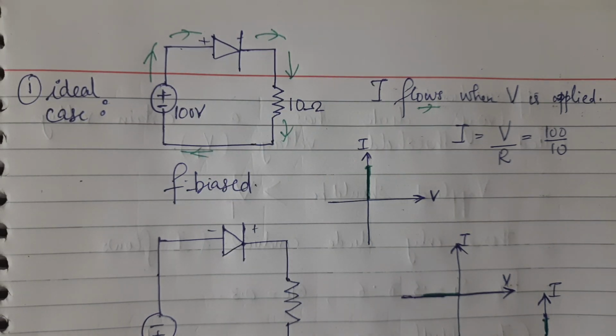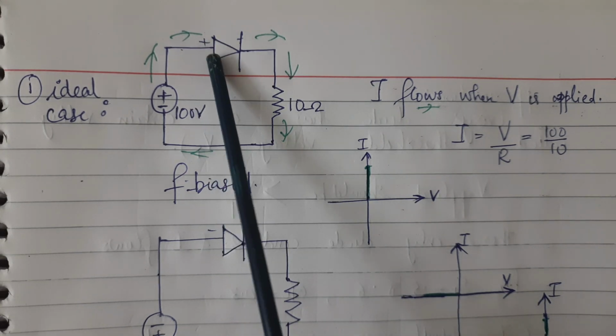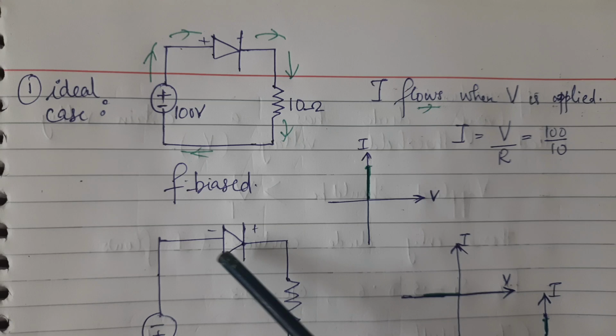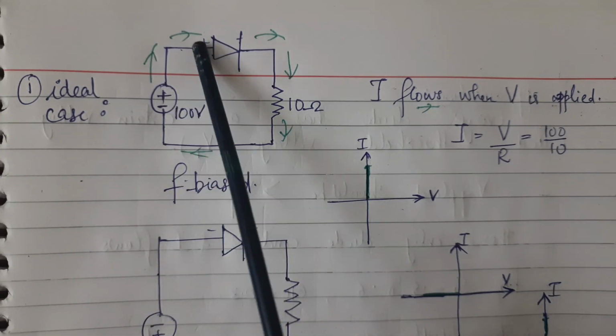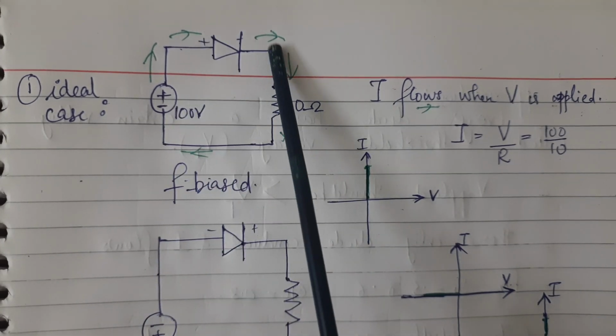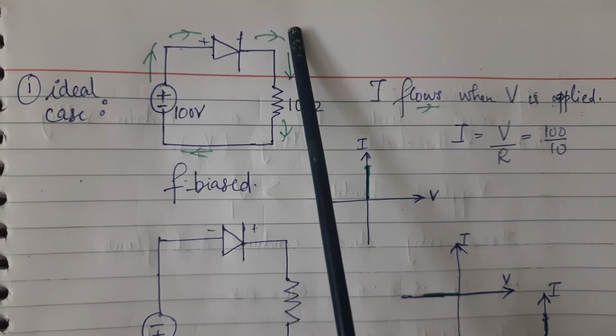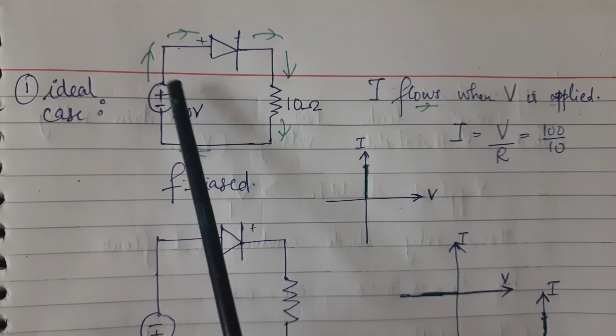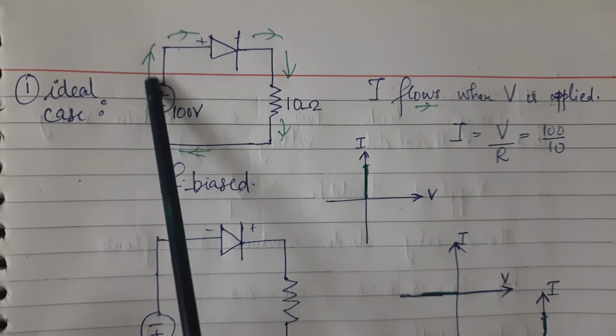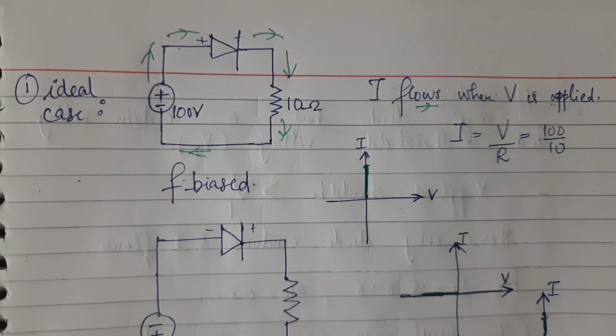Since it's an ideal diode, the voltage will be the same on both sides of the diode. If we apply 100 volt, it will be 100 volt here, and here also it is 100 volt, because it's an ideal diode. Whatever voltage is applied, it flows through it like that. So it will be 100 volt in this case.